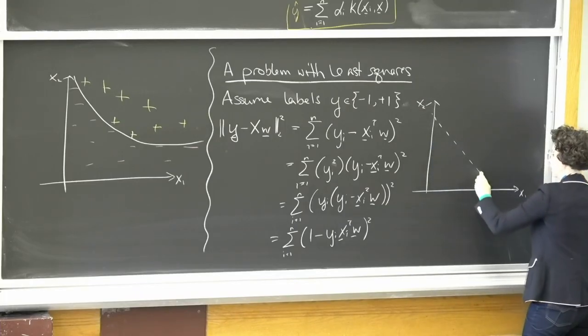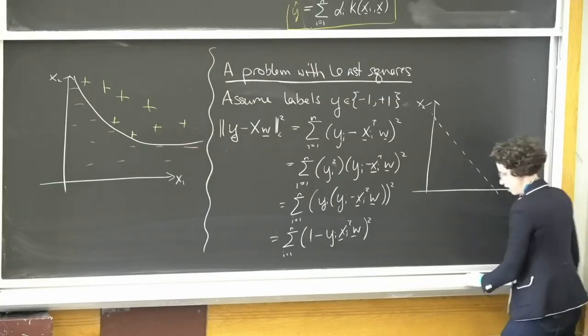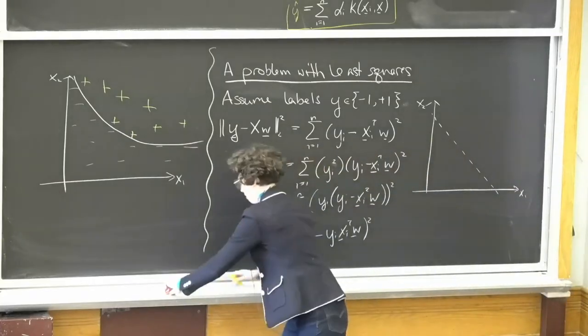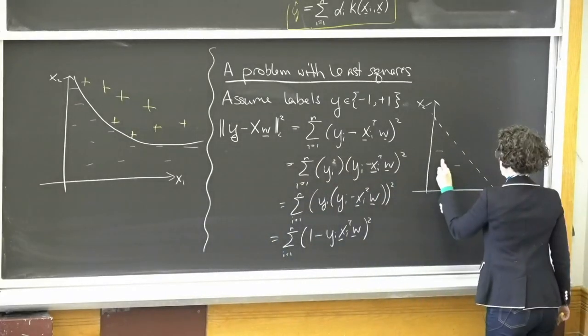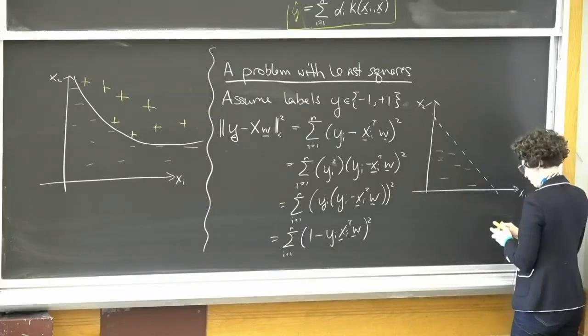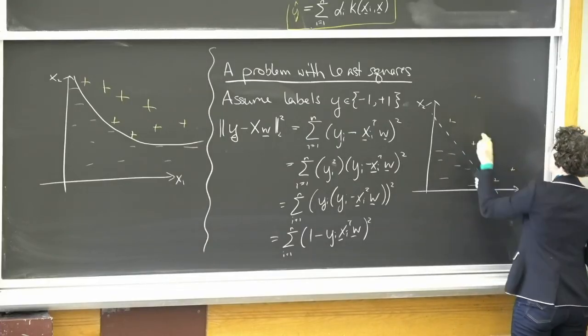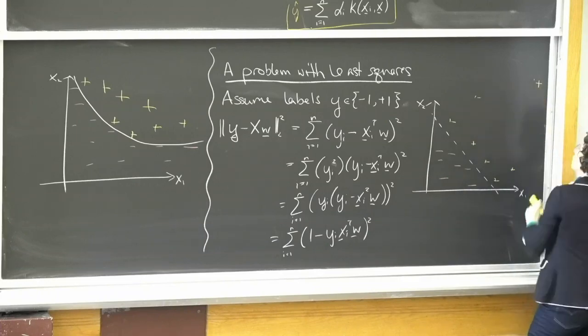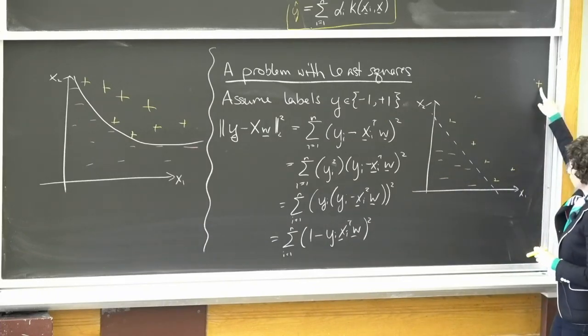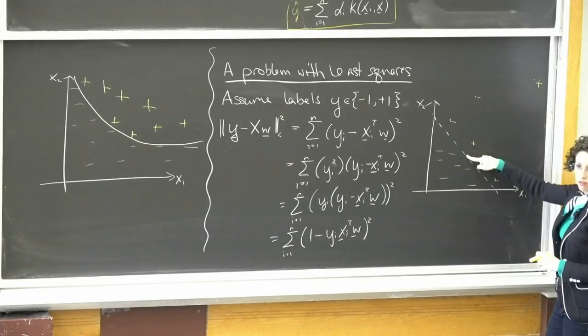Maybe I'm even doing nice linear classification, and I'm doing a great job separating my data. So here are all my negative samples, and here are all my plus samples. But now imagine I've got one plus sample way out here, so it's very far from this decision boundary.